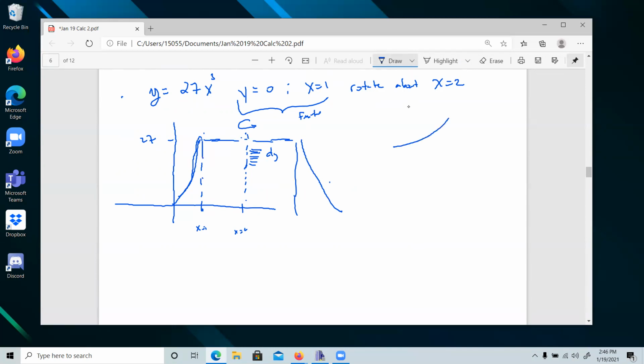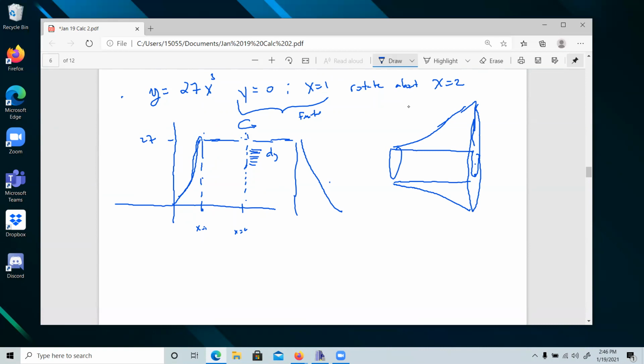We're going to have something like this, and it's all rotating. That's the shape we're going to have. So it's going to be in two pieces. This is going to be a two-piece kind of a shape. All right, so that's kind of what this thing is going to look like.